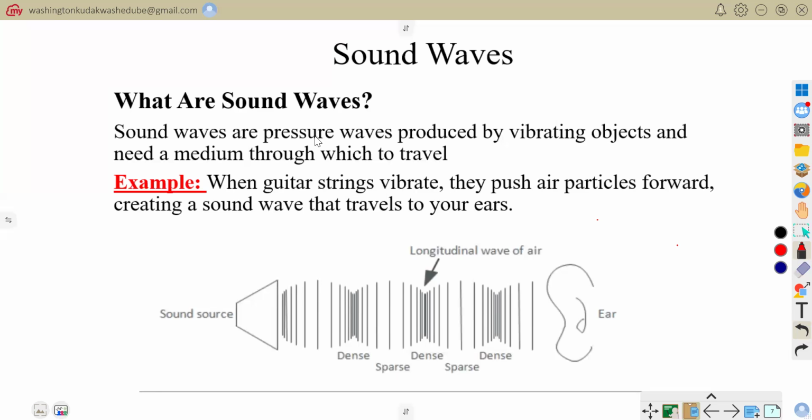So what we simply refer to as sound waves are pressure waves that are produced by vibrating objects like a string, which pushes our air particles forward, transferring the energy within the medium. That energy is the one that is moving within our medium, and it is the one that we sense in our ear as sound.